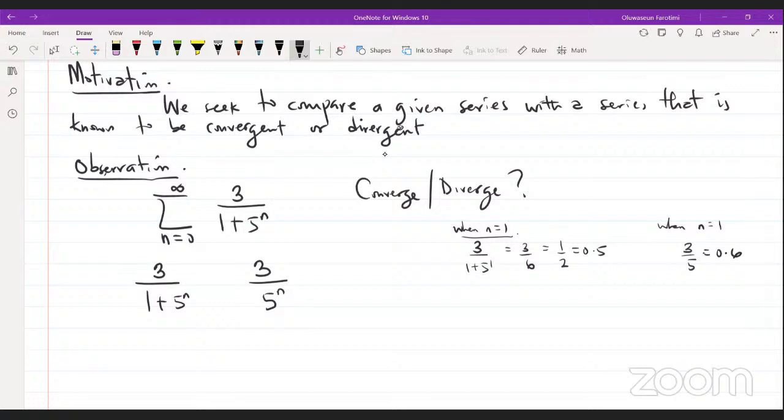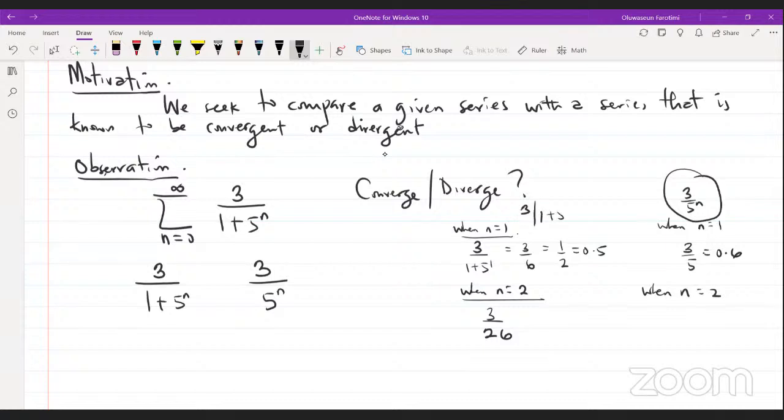When n equals 2, what happens? You have 3 divided by 26. And over here, when n equals 2, this is 3 over 5 to the power of n, which is what we're investigating. Over here, we're investigating 3 divided by 1 plus 5 to the power of n. When n equals 2, this is 3/25.